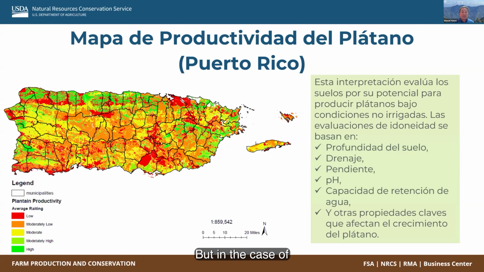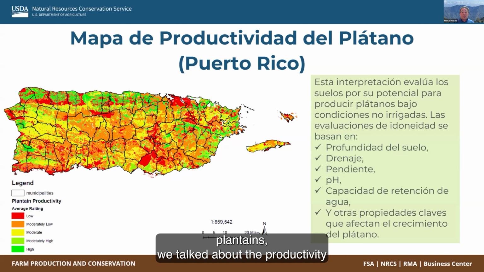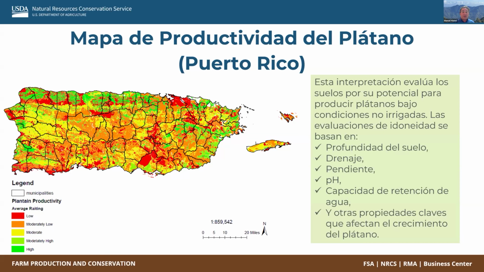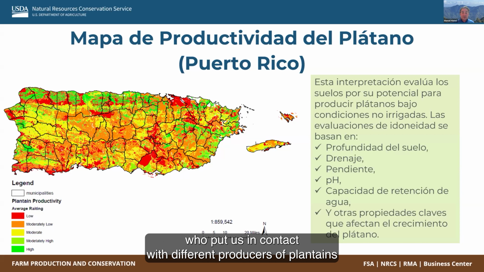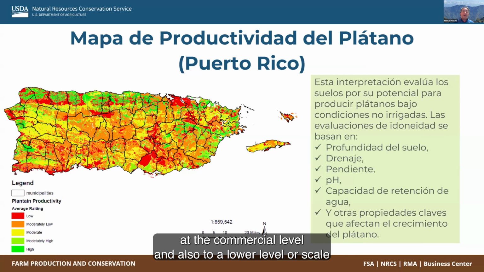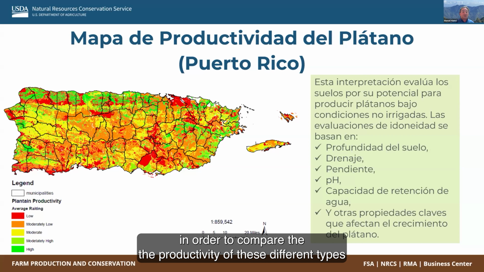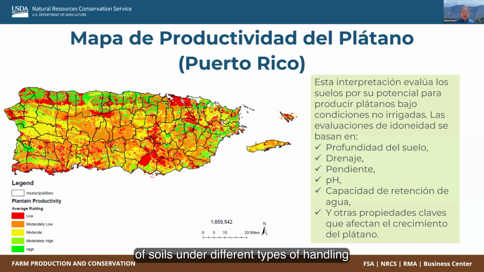But in the case of plantains, we talked about the productivity and we knocked on the doors of different agronomists, in this case, Javier Gonzalez, who put us in contact with different producers of plantains at the commercial level and also at a lower scale in order to compare the productivity of these different types of soils under different types of handling and validating the interpretation.